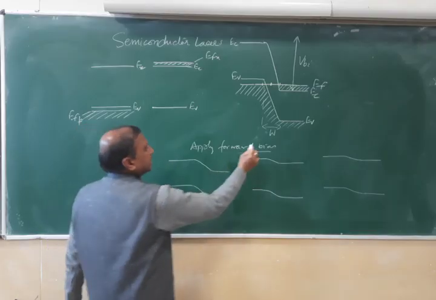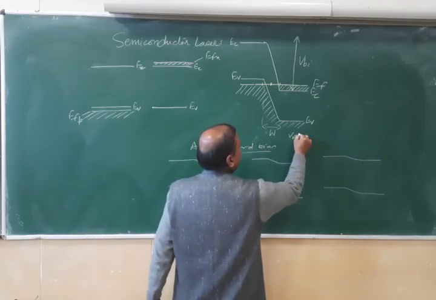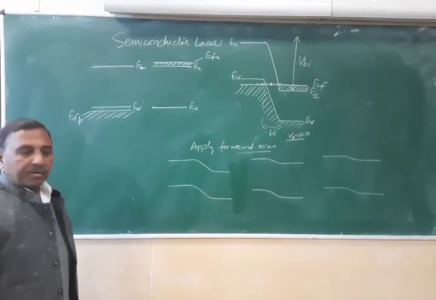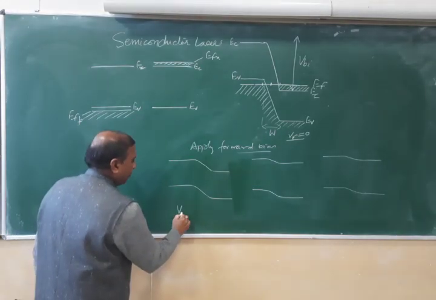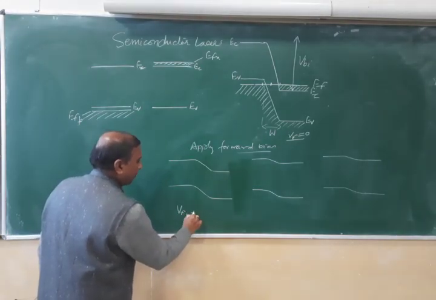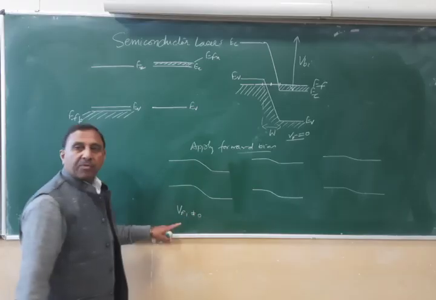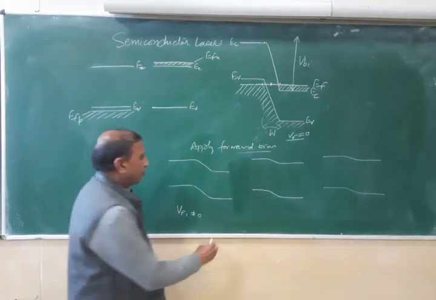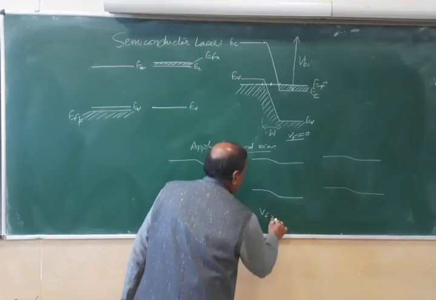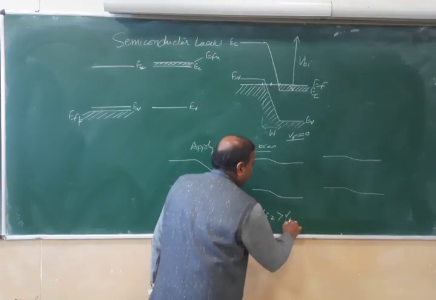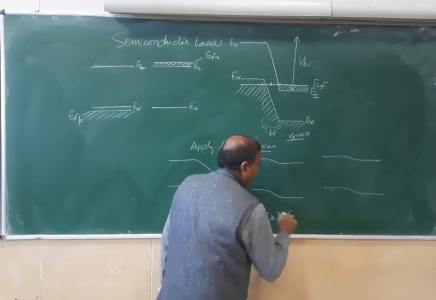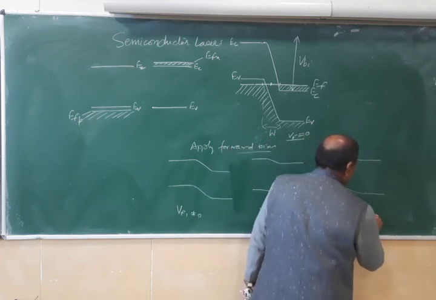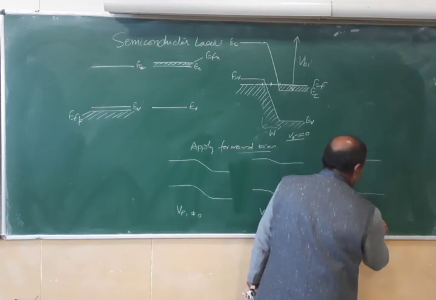Right. So you can say here VF0, no forward bias. Let us say VF1 not equal to 0, forward bias 1, not 0 but a little bit. You call forward bias 2, VF2 greater than VF1, VF3 greater than VF2.